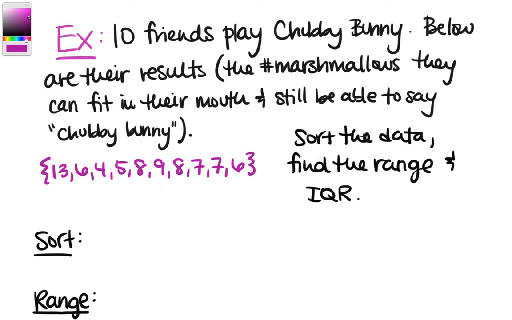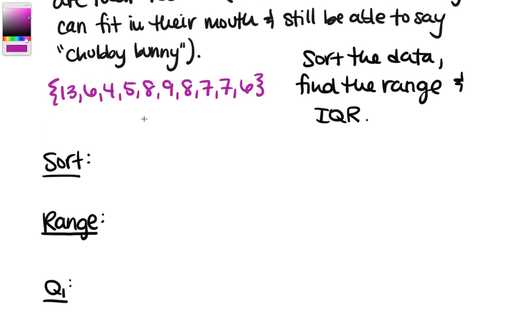And first thing we want to do, we want to sort the data, then we're going to find the range and the IQR. So first, let's sort. Okay, so lowest data point we see is 4, then 5, 6, 6.